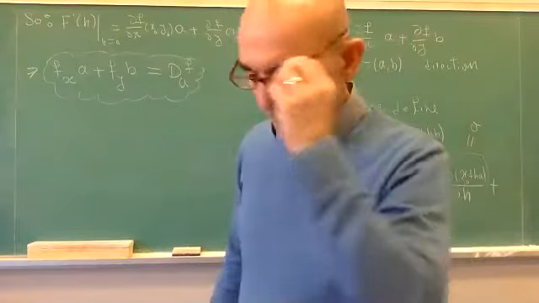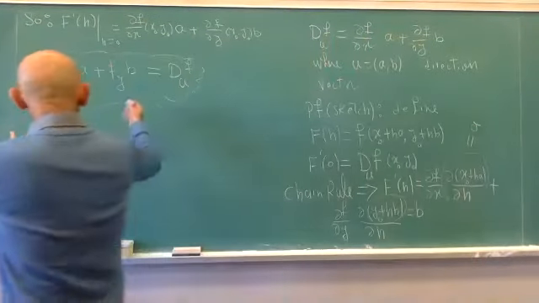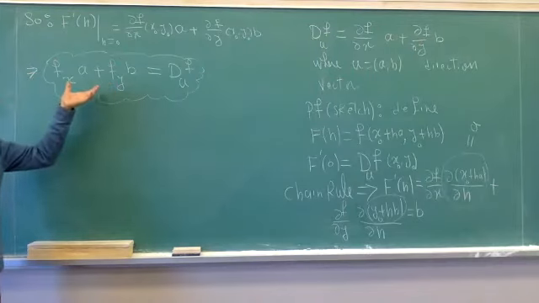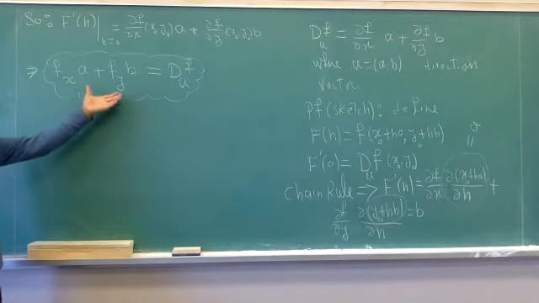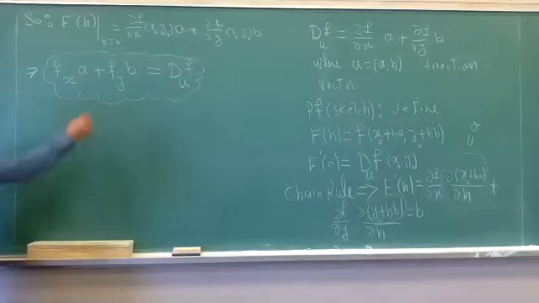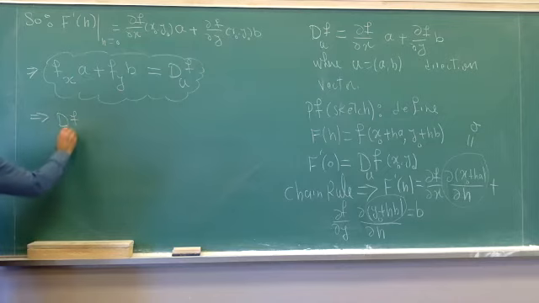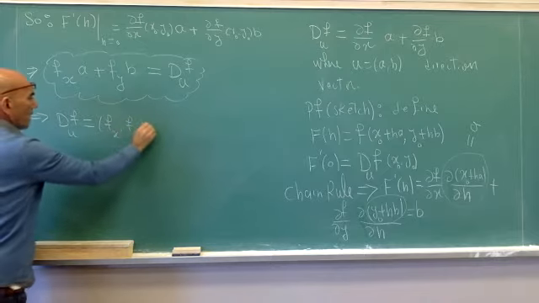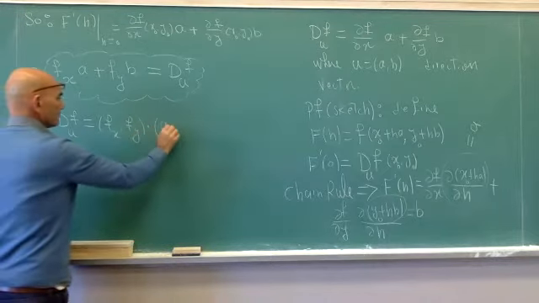Very good. So now I can write it as a dot product of two vectors. One vector is fx, fy. The other one is a, b. So the directional derivative is equal to fx, fy dot a, b.